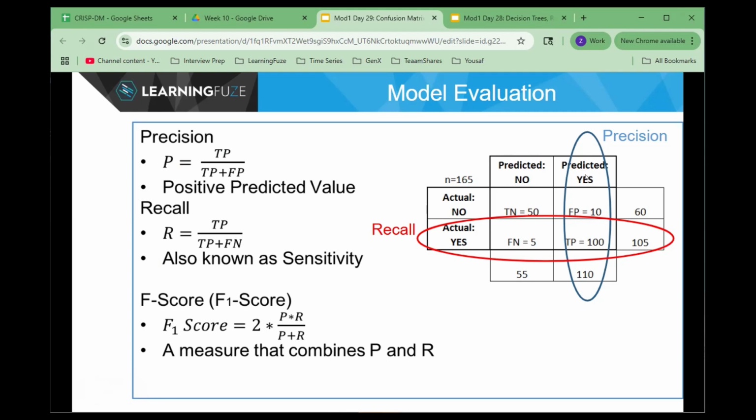Now, who wants to explain to me in English what is precision? You can try a different language also. I may not be able to understand that, but we can try any other language also.